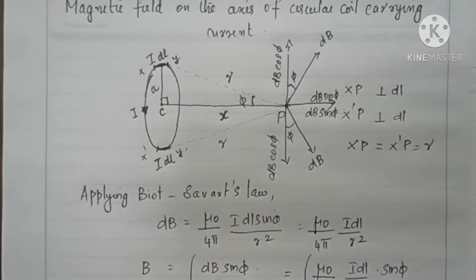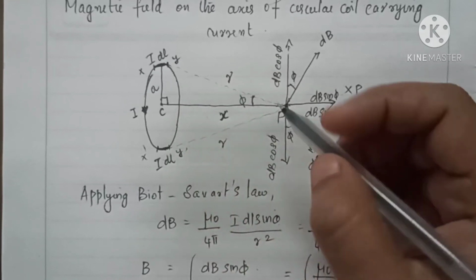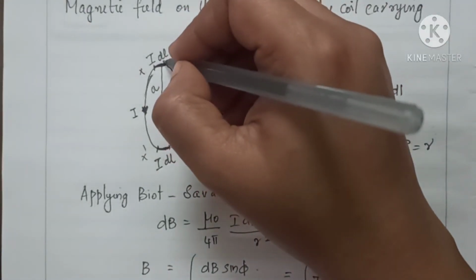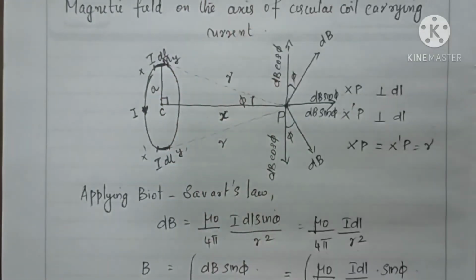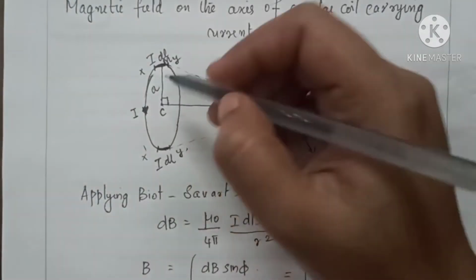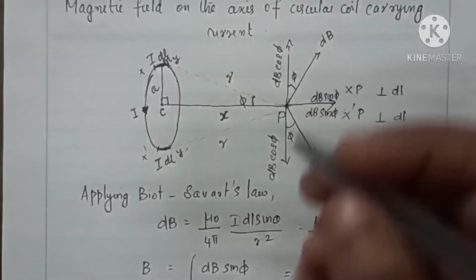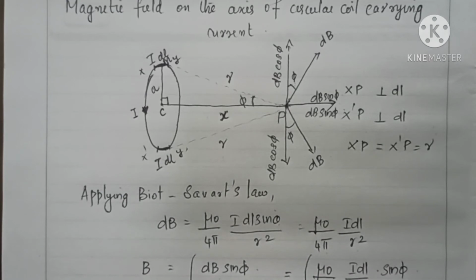Now you have to find the value for sin phi from the diagram. Taking this right angle triangle, let the name be M here. So triangle PCM will give you sin phi is equal to a by r, isn't it? Opposite side by hypotenuse. Similarly, here also the same value you will get.